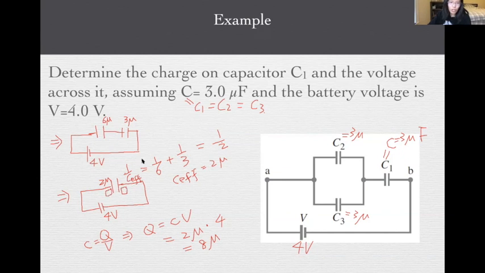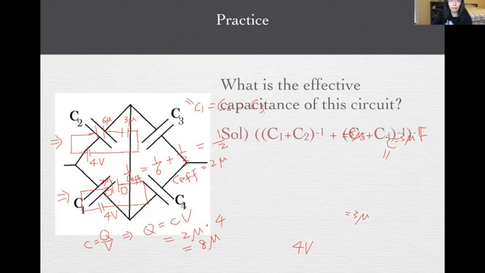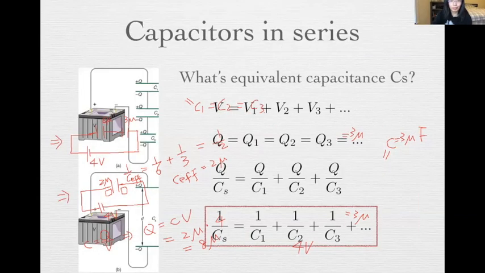And if I know this charge, how does that tell me about the charge across them? So remember this case? If they're connected in series, the charge deposited on the effective capacitor is the same as the charge deposited on each individual capacitor.